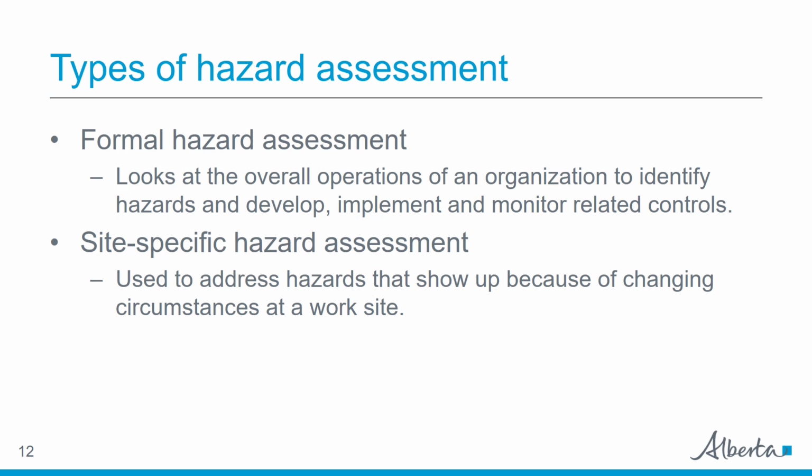Site-specific hazard assessments also check to confirm that existing controls are in place. Any hazards identified must be eliminated or controlled right away before work begins or continues. To learn more about site-specific hazard assessments, see the Hazard Assessment and Control Handbook referenced at the beginning of this webinar.